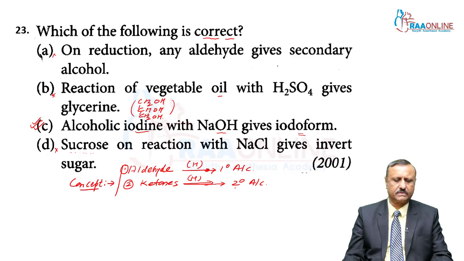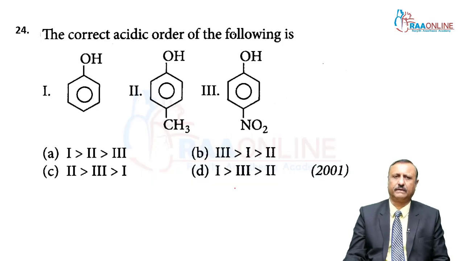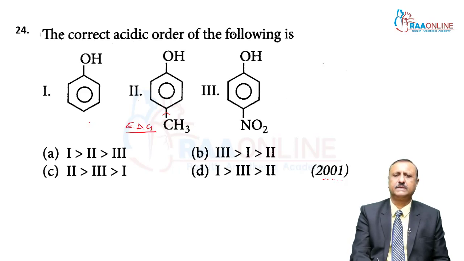Now, my dear friends, we can see question number 24. The correct acidic order of the following is phenol, acid, these 2 and 3. This question comes from NEET 2001. Here, my dear friends, an electron donating group, EDG, decreases the acidity, you know very well, and this is the concept.